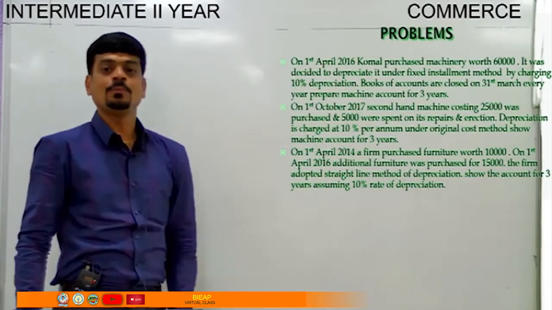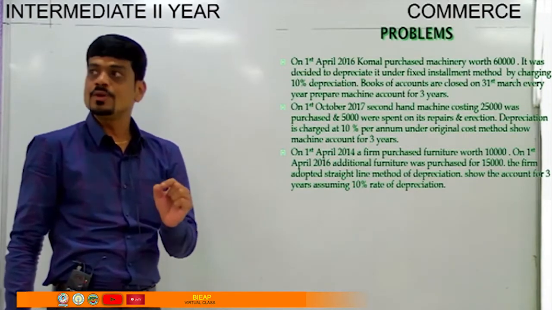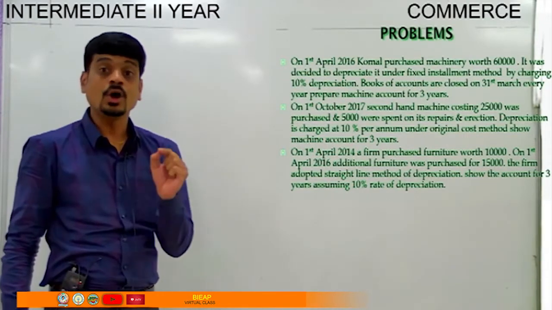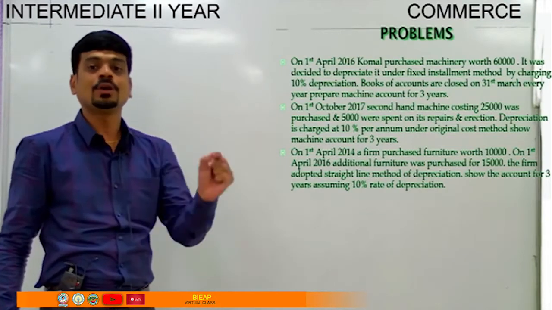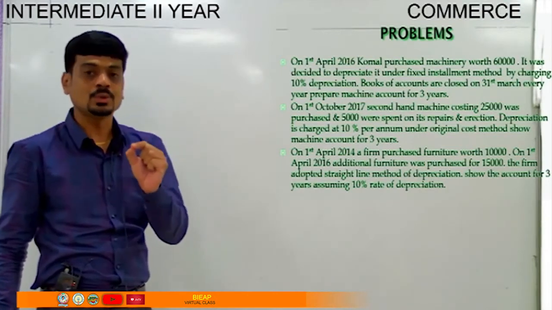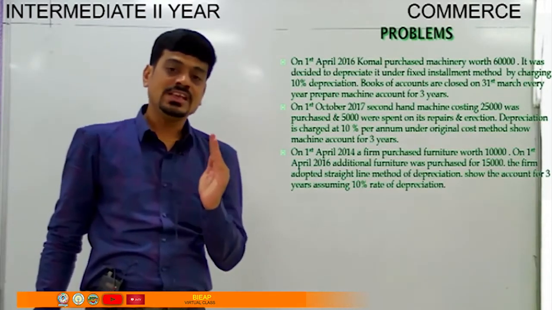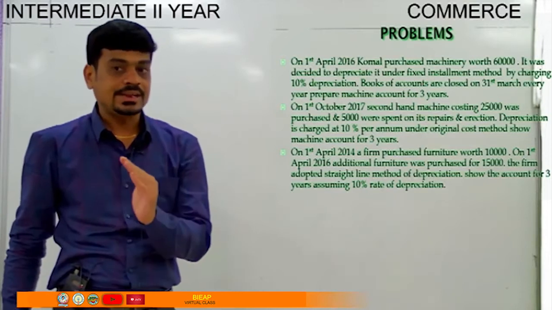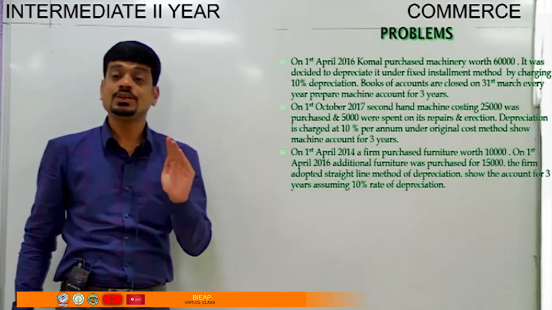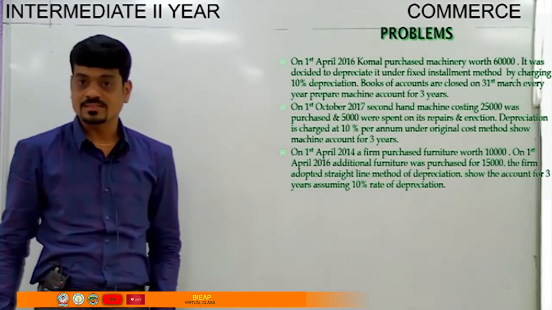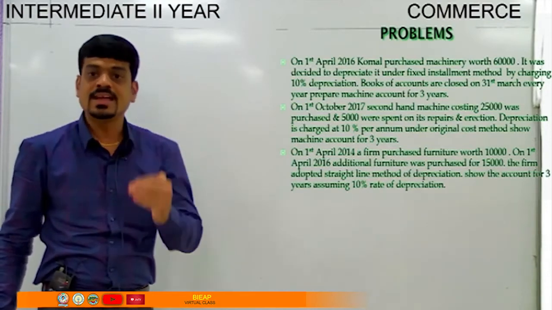In this, the focal point is what? Here, we bought the asset not on 1st April, but on 1st October 2017. So during the financial year 17 to 18, we are not putting the asset in use for 12 months, but for less than 12 months.